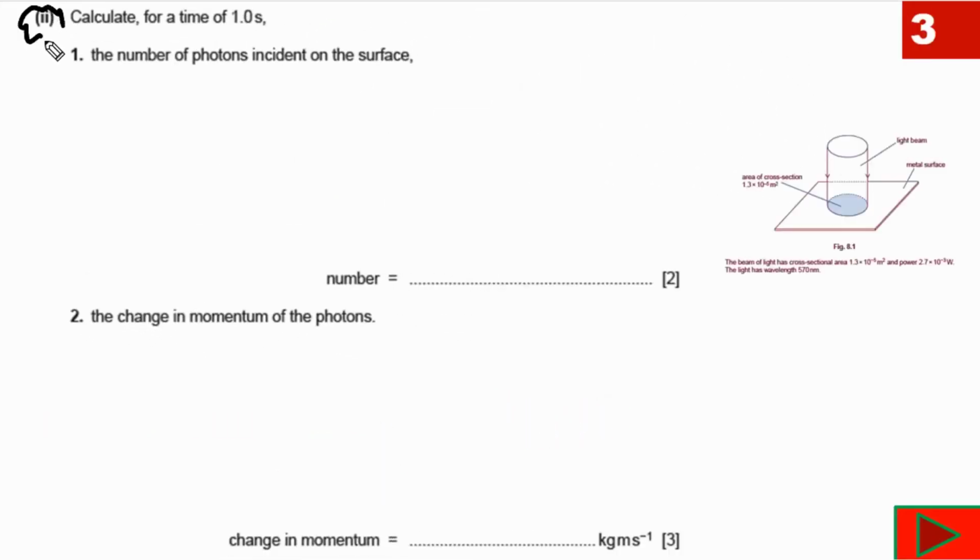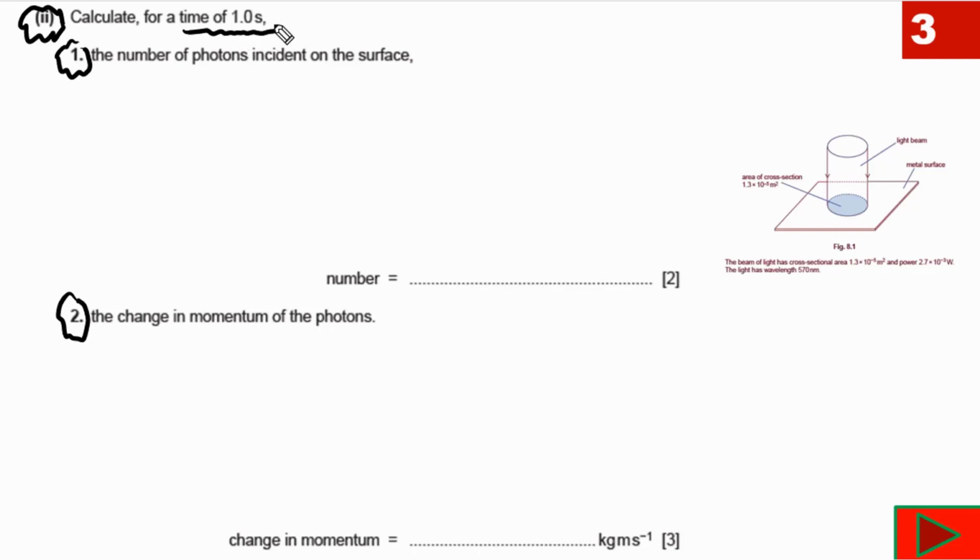For part B2, it is given to us that time is equal to 1.0 second, and this part is further subdivided into two parts, part 1 and part 2. It is very easy for many students to understand that the time for part 1 is equal to 1.0 second. But when students go to part 2, they just don't know what the time is.